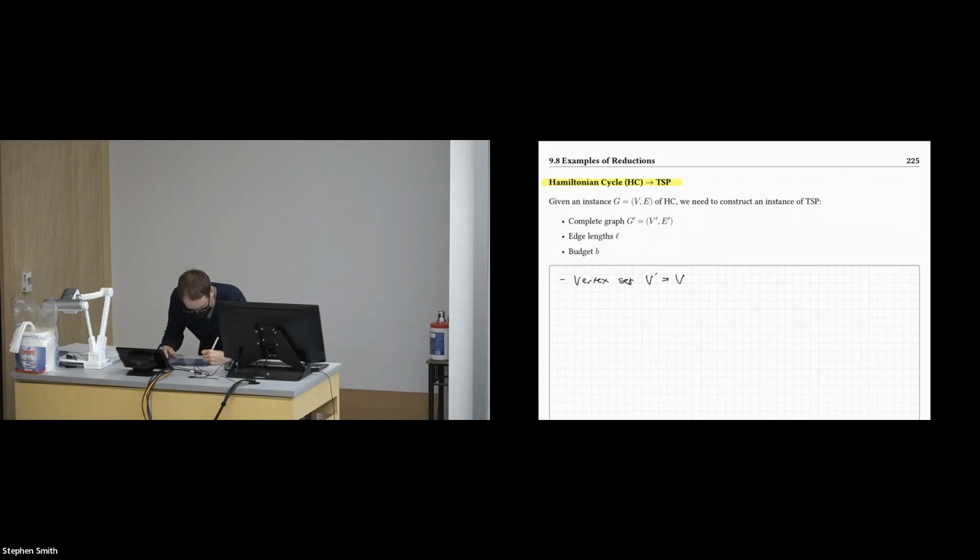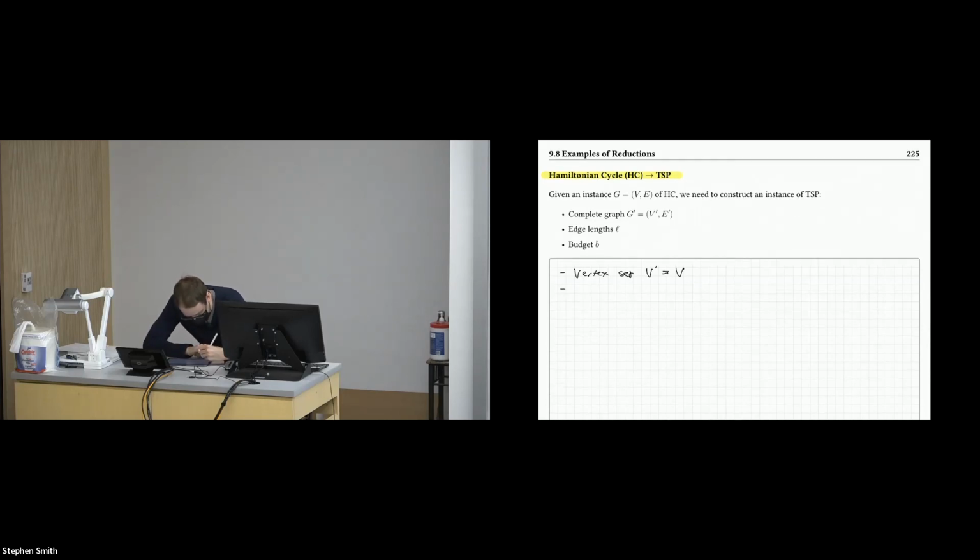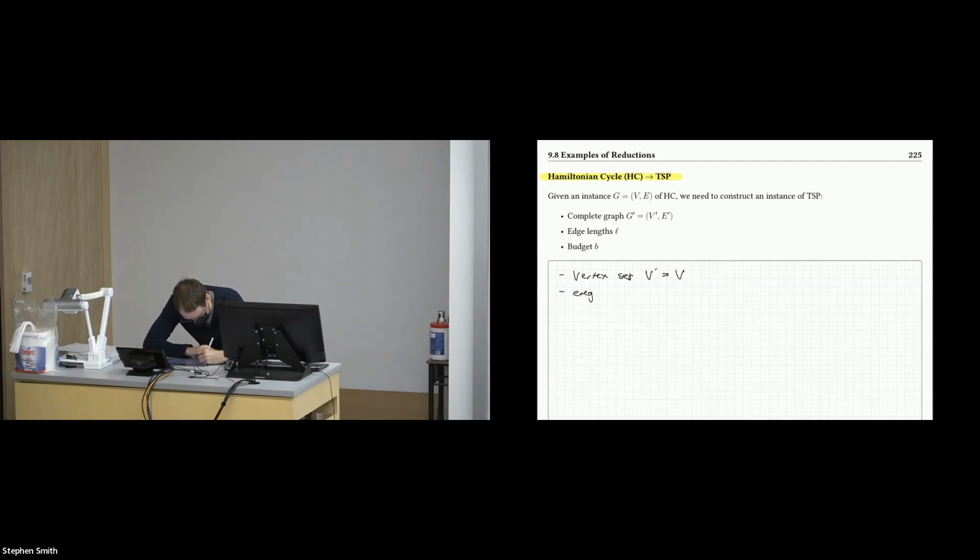So vertex set V prime just equals V. Edge set, I need a complete edge set. So it's going to be every edge (u, v) where u and v are in V.